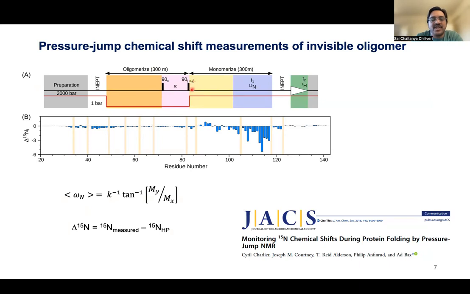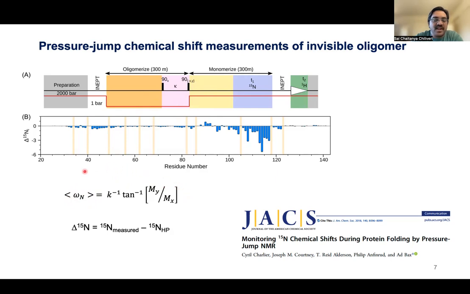Due to this, we can obtain intensities in the two spectra that are modulated either by cosine omega n or sine omega n, where omega n is the nitrogen chemical shift at 1 bar that is sampled here. The average weighted nitrogen chemical shifts are obtained from the ratio of the intensity between the two spectra.